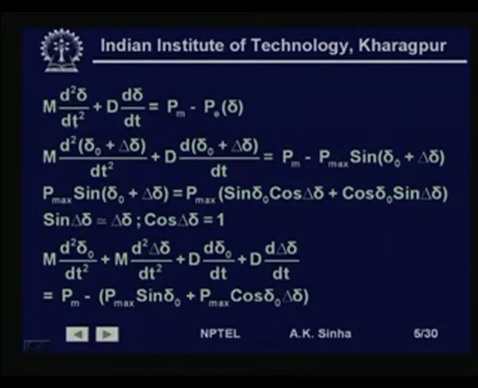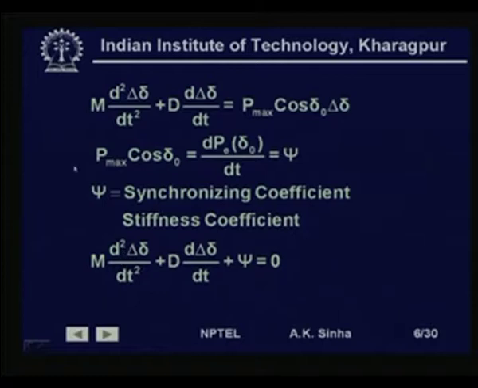So, the relationship at delta 0 was holding good like this, that is m d2 delta 0 by dt2 plus d delta 0 by dt is equal to Pm minus Pmax sine delta 0. So, removing this term away, we will get this as m d2 delta delta by dt2 plus d delta delta by dt is equal to Pmax cos delta 0 into delta delta.